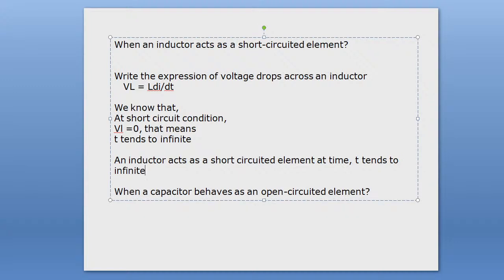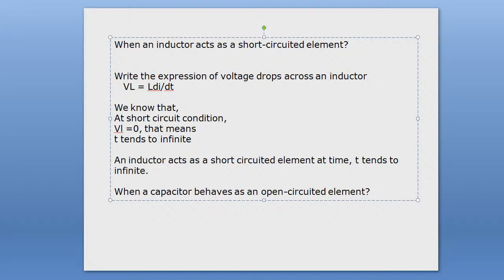This is the correct answer. Now, does everyone understand this point? Why does an inductor act as a short circuit element at t equal to infinity? Because at that time the voltage drop across it equals 0. Okay. Now tell me the answer of the next question.